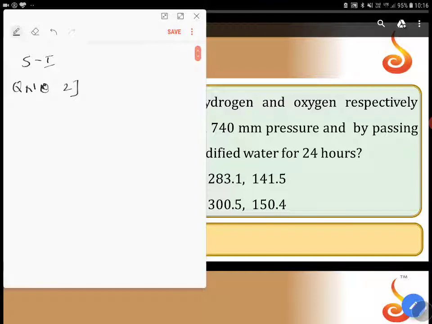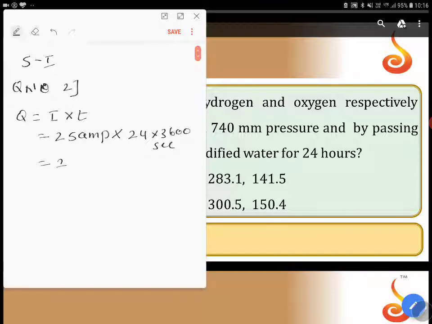So all of you know that Q is equal to I into T. The given value is 25 ampere, current is 25 ampere, into time is given 24 hours, so we have to convert it into seconds.